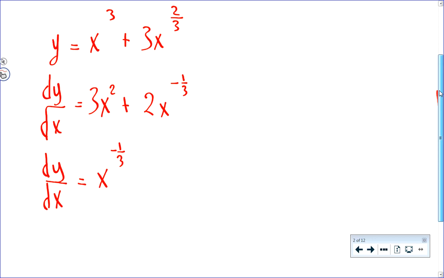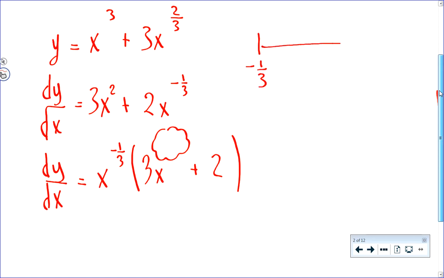So I'm going to factor x to the 1/3 out, and that will leave me with 3 multiplied by x raised to some exponent, and then plus 2, because out of the second term, I'm simply factoring the x to the 1/3 out, leaving a 2. Now that exponent, when I add it to negative 1/3, has to take me to 2.